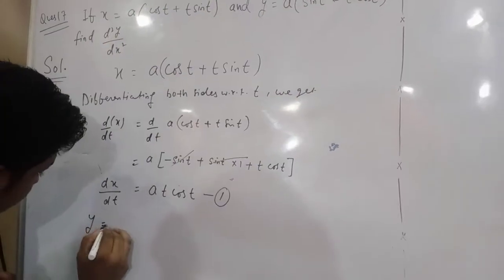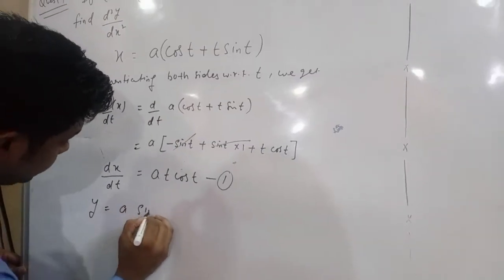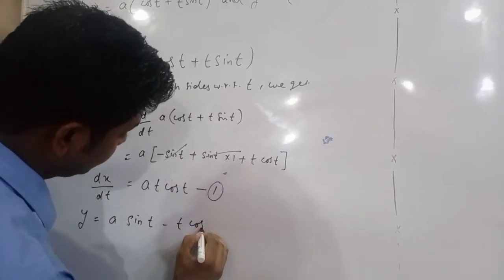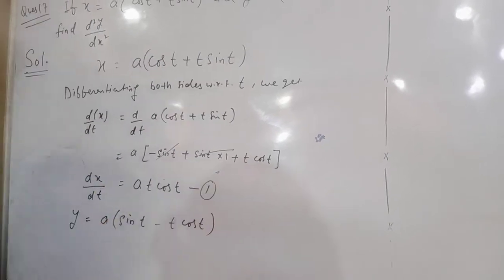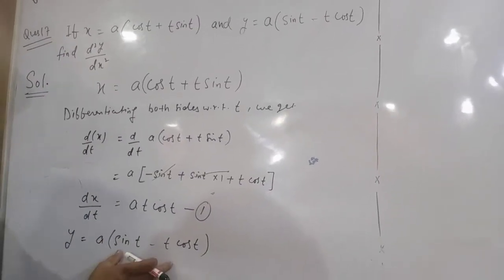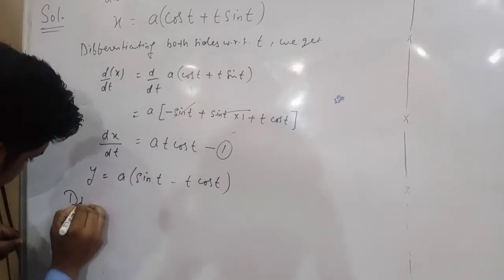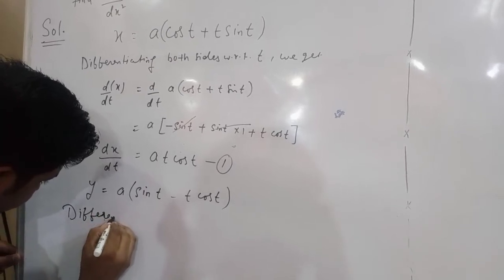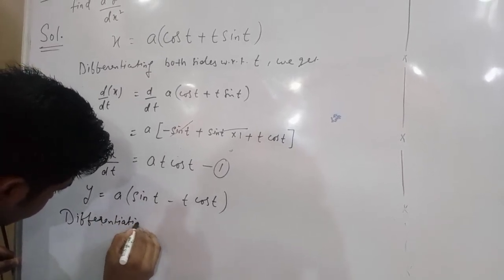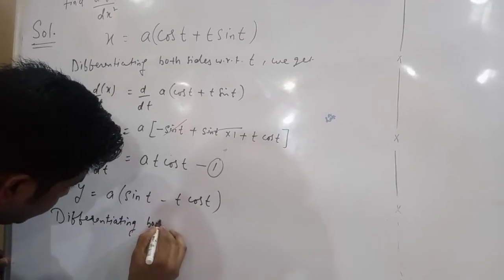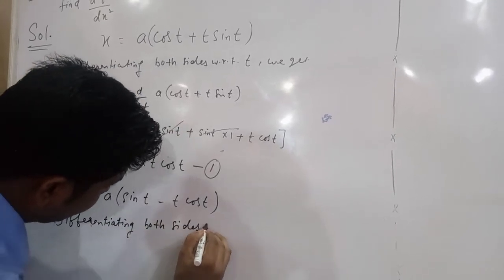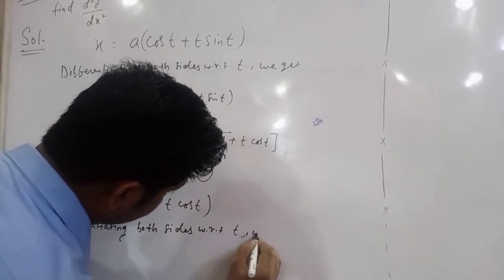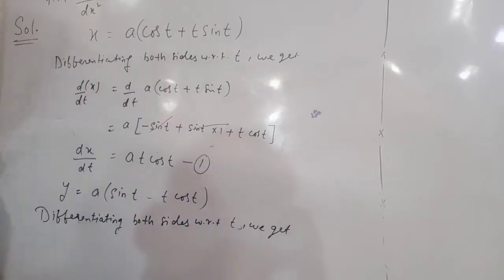Here y is given, which is equals to a sin t minus t cos t. Fine. Now here I am differentiating again both sides with respect to t, we get.